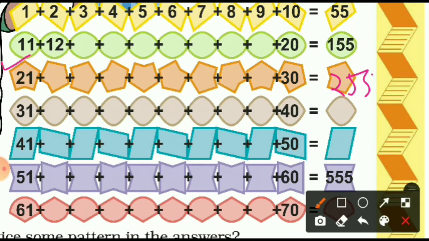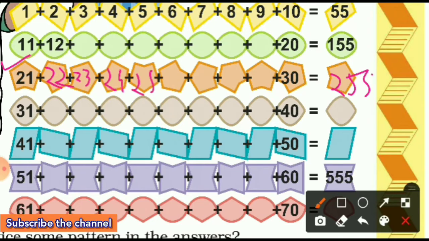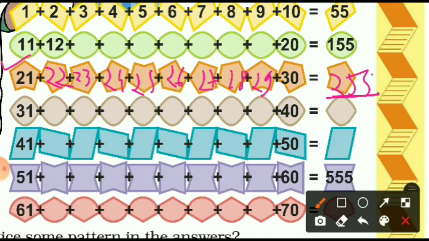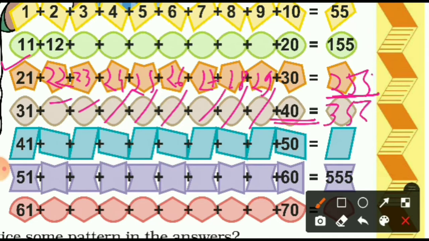So let's come to the next row, 21. 21 plus 22, then let's fill these boxes, 23, 24, 25, 26, 27, then 28, 29, and last 30. Its sum will be 255. Then next 31, 32, 33, 34, 35, 36, 37, 38, 39, and at last 40, and its sum will be 355.